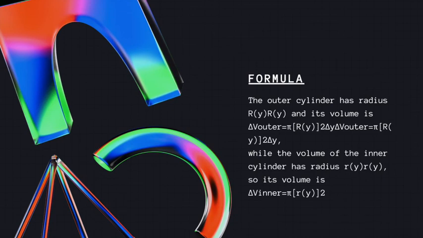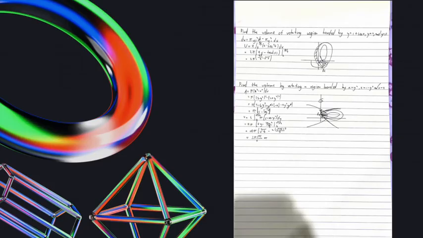In other words, the volume is equal to the integral of pi times the quantity R squared minus r squared, dx, with the limits of a to b. This is my example.